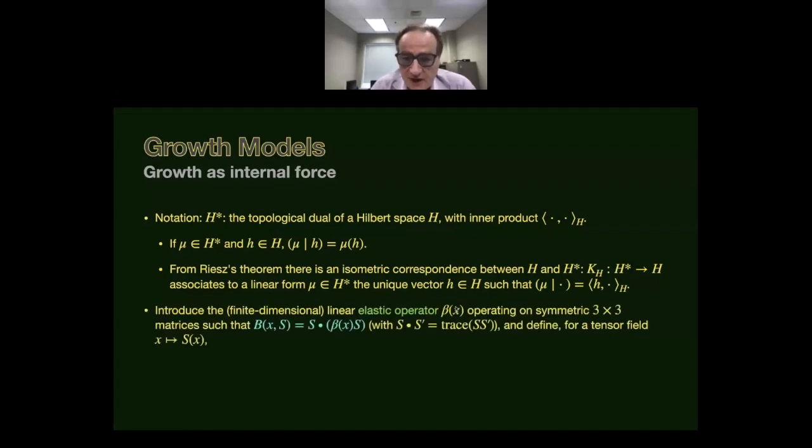And in addition to this, we have this bilinear form B, which can also be modeled as something that comes from an operator, which is the elastic operator, and this operator is called beta.